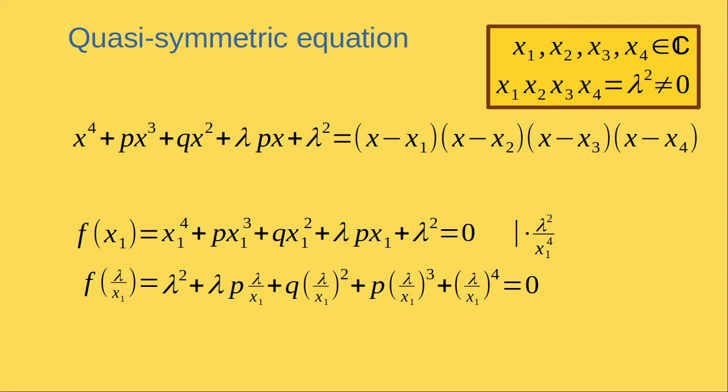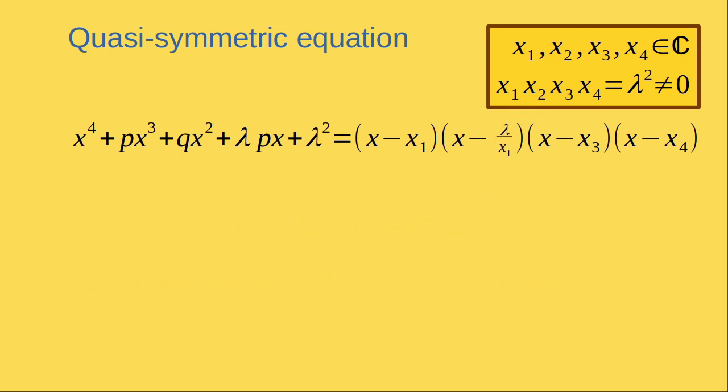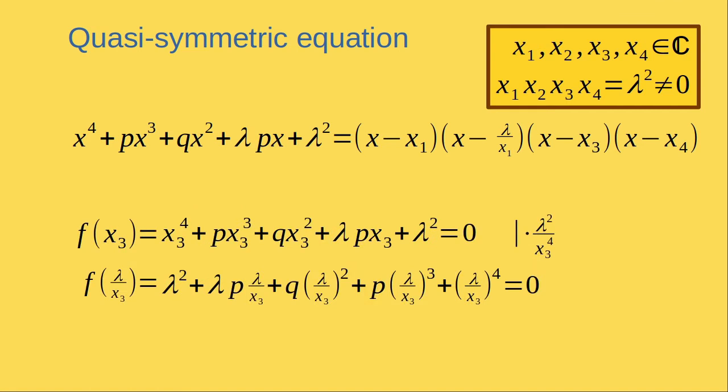This means that x1 being a root of the polynomial implies that also lambda over x1 is a root of the polynomial. In other words, one of the other roots, say x2, must be equal to lambda over x1. So we can replace it. But we can apply exactly the same reasoning to x3 and replace x4 by lambda over x3.